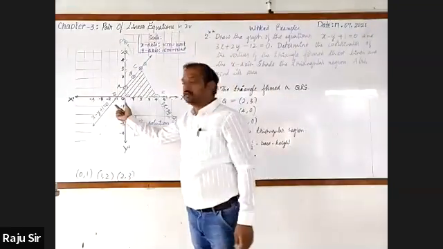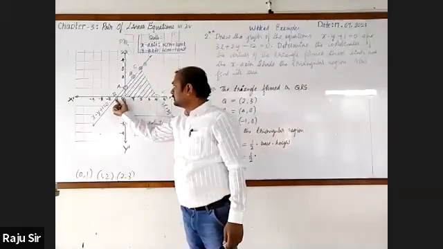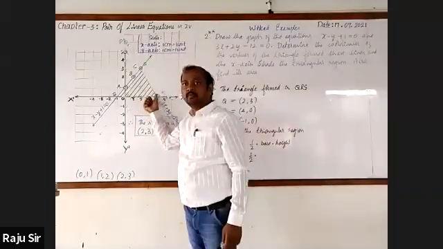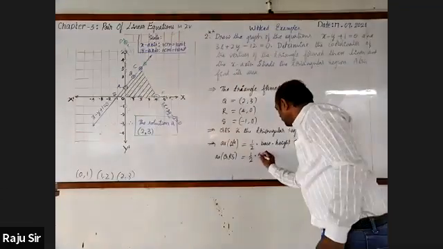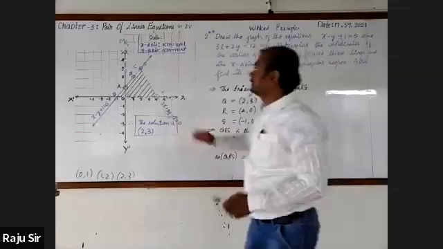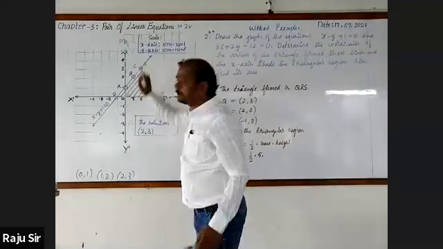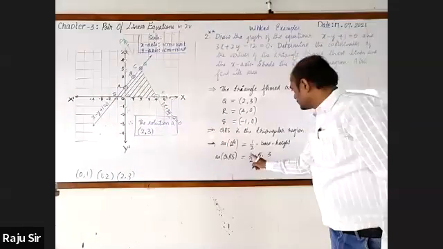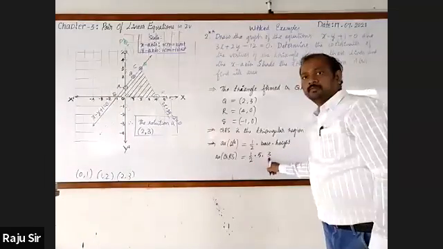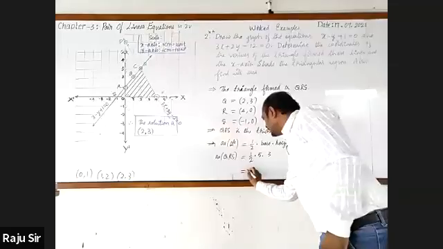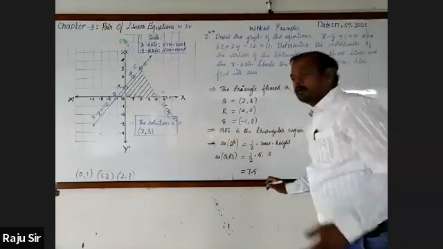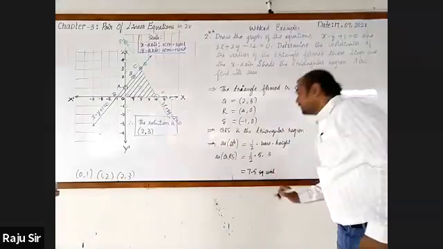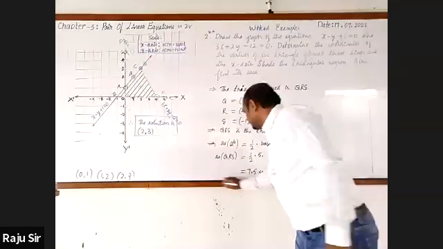Base is 5 units, 1, 2, 3, 4, 5. Height is 3 units. 5 threes are 15, 15 by 2 is 7.5.